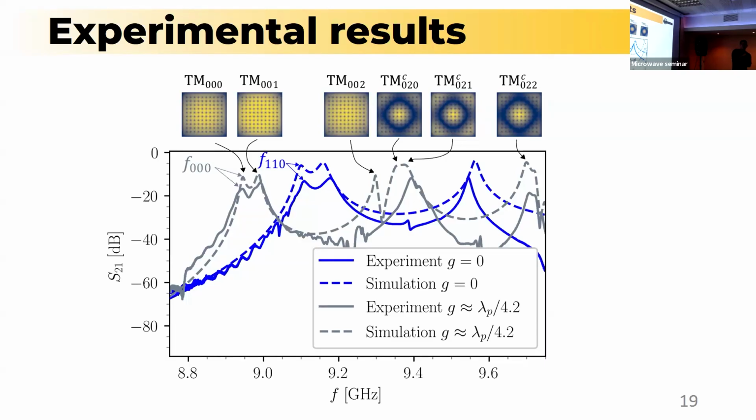So here we have the TM001 with a variation, one node in the Z direction, here with two nodes in the Z direction, and then the other higher order modes with this detail that the X and Y components are coupled. That's why we have this superscript C in the results. Yes, so we are predicting here the behavior expected before by the analytics in considering the resonant frequencies.